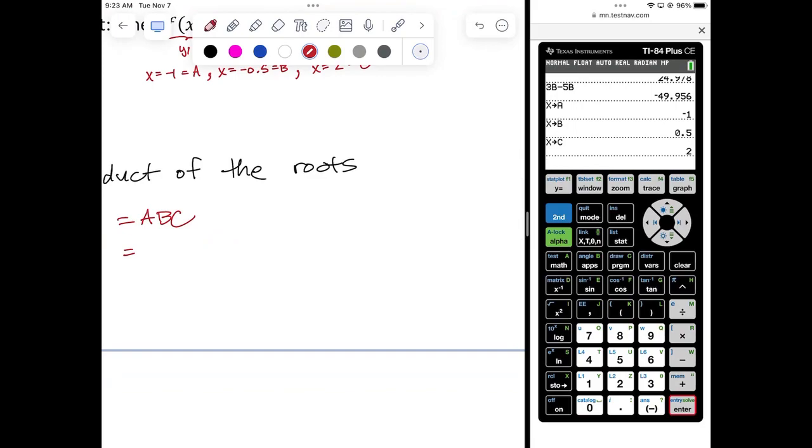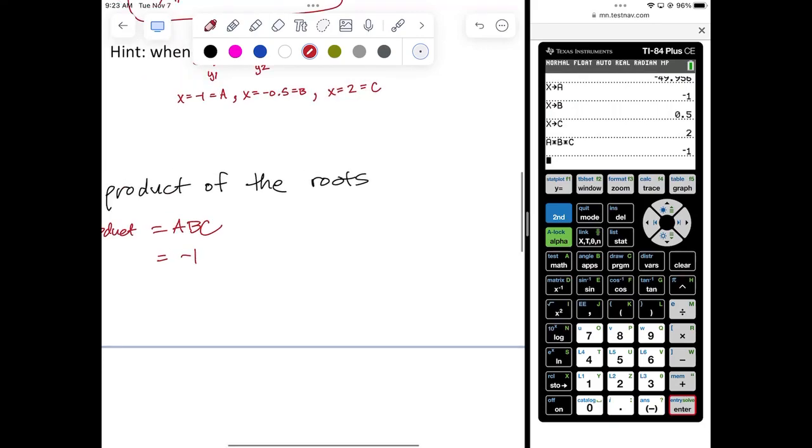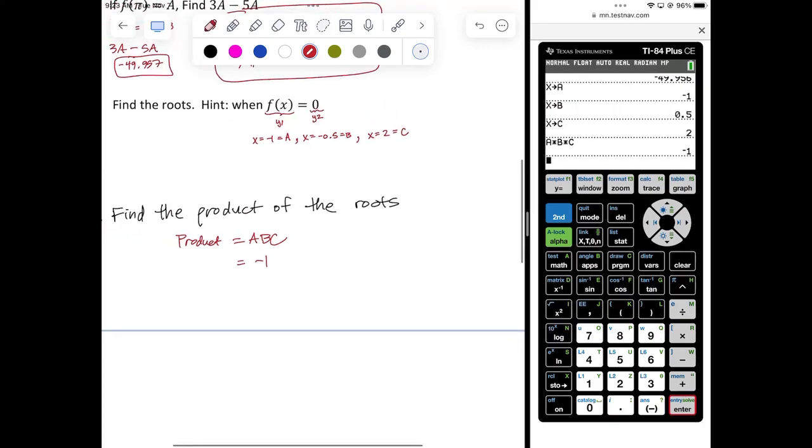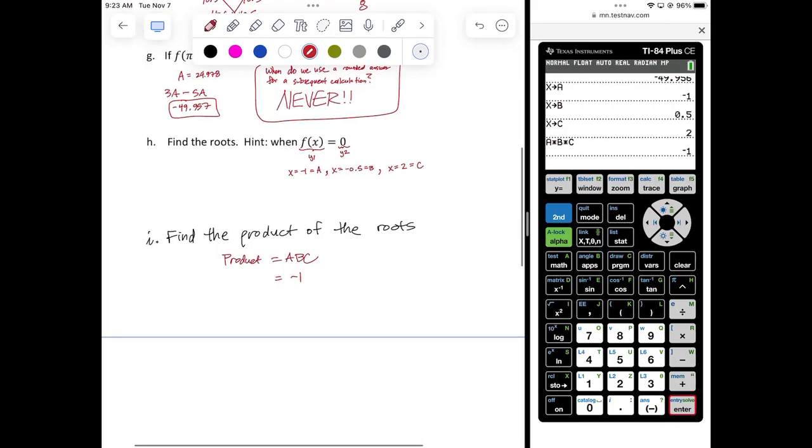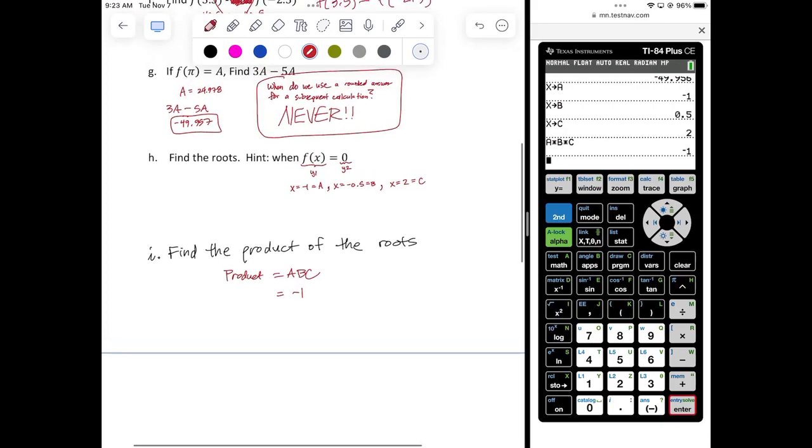Now on your calculator, just go alpha A times alpha B times alpha C. And what are we going to get? We get -1. There's the product of the roots. Okay. Any questions on that?